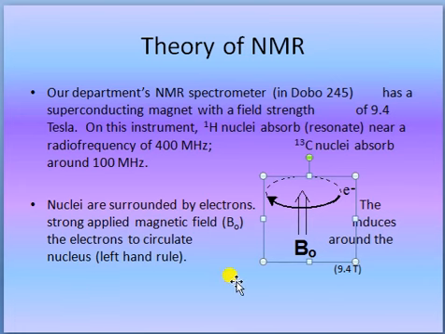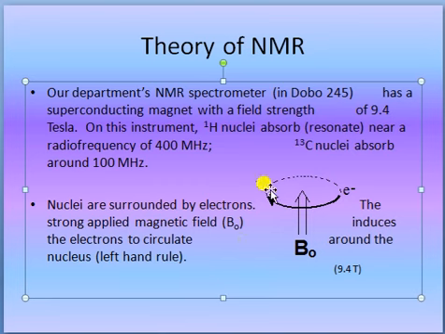So the electron also has a magnetic field. The proton itself has a magnetic field, the electron is circulating very fast and also has a magnetic field, and B0 is the external magnetic field. So you have to think a little bit: just close your eyes and think of one nucleus at the center of the atom.